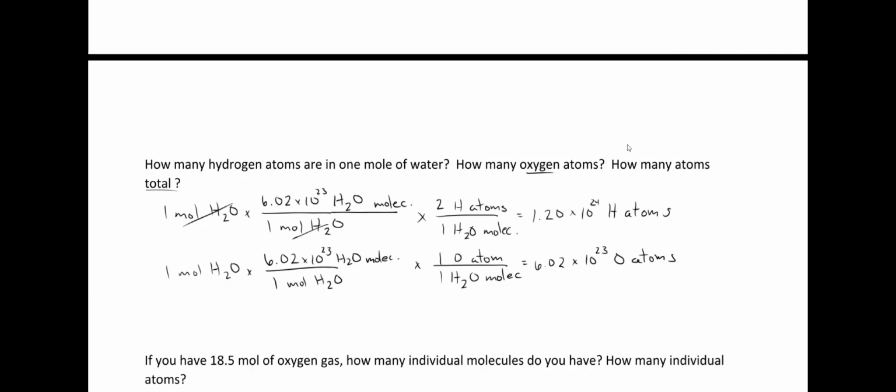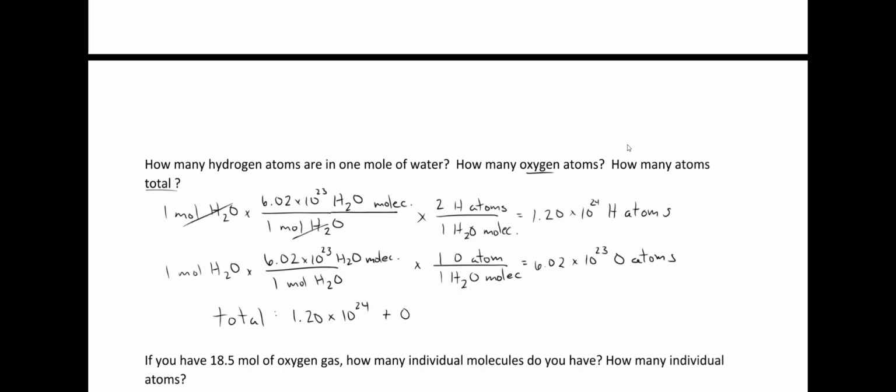How many atoms total? Well, the only thing that is in water is hydrogen and oxygen, so we could total this up by adding those 2 numbers. So the total would be 1.20 times 10 to the 24 plus, I'm going to rewrite this so it has the same power of 10.